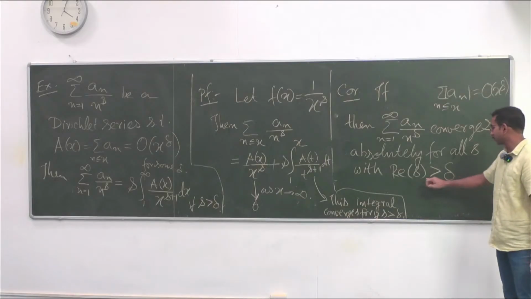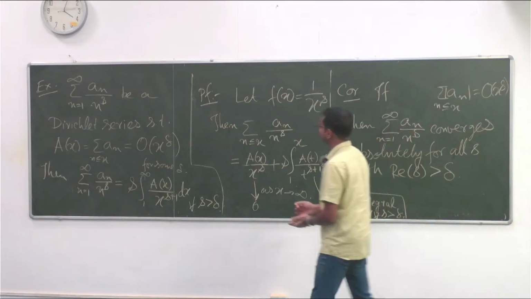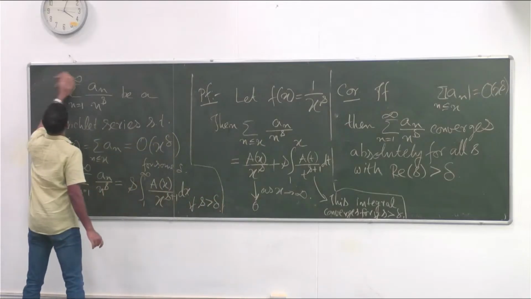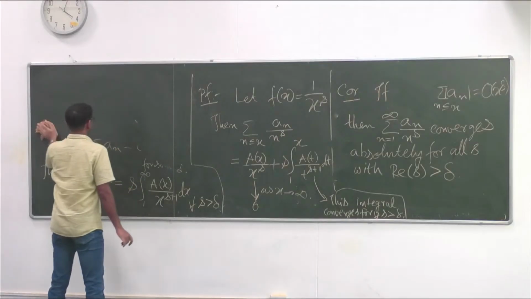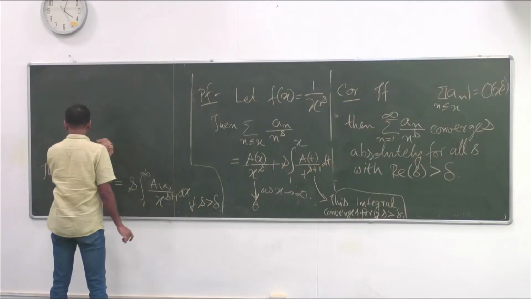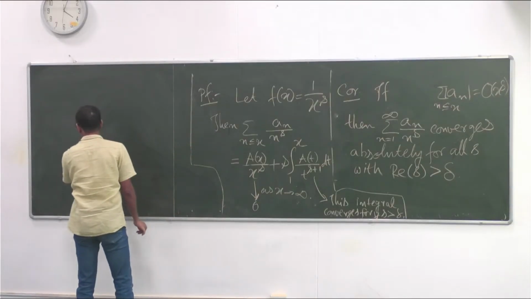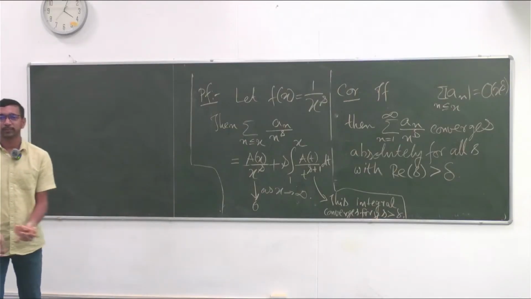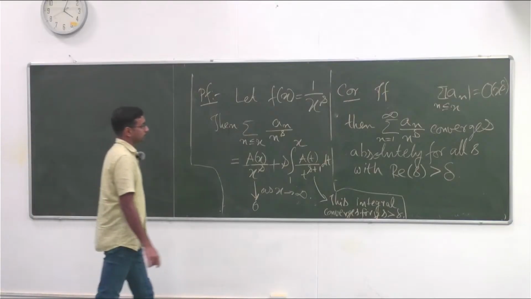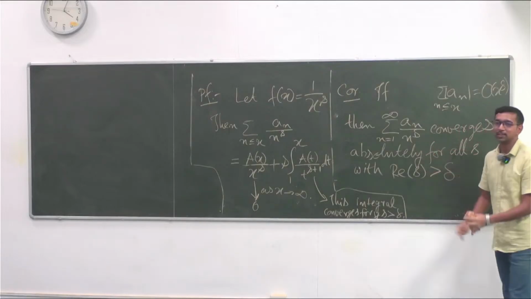Now, does it mean that real part of s equal to delta is the abscissa of convergence? The question is whether real part of s equal to delta is the abscissa of convergence of this Dirichlet series.